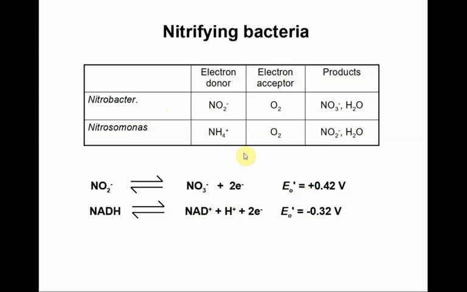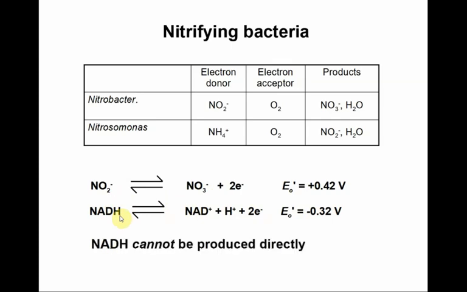Now, the problem for the bacteria here is that this half reaction, nitrite to nitrate, isn't a very good electron donor. So you can't move these electrons directly onto NADH. It's not a good enough electron donor. So how does it work?